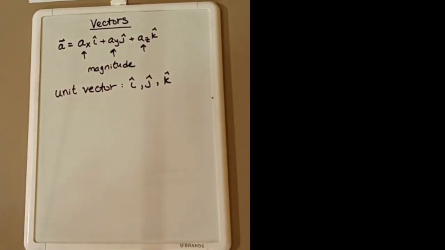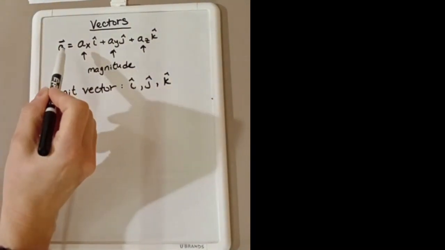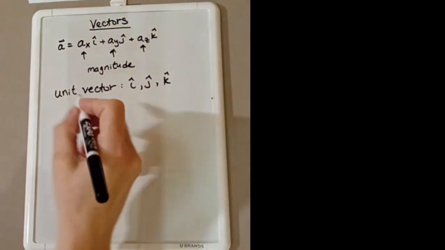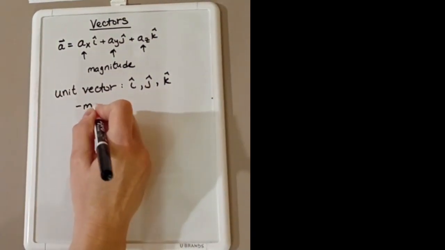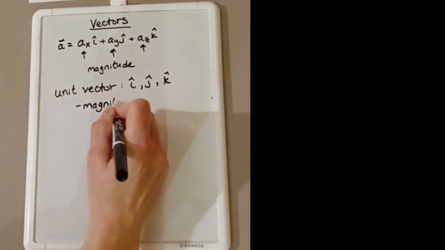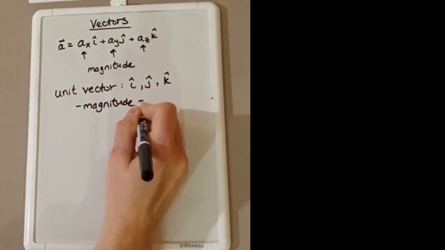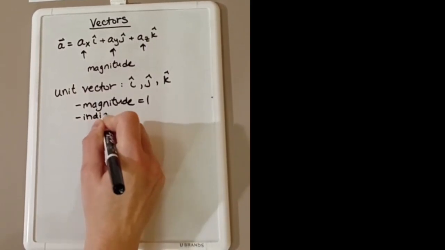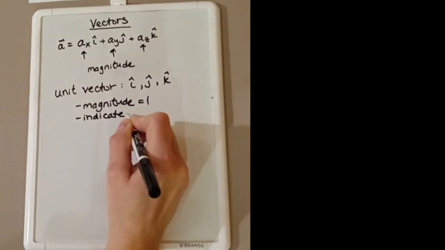And we're not going to use the arrows like we do in our normal vectors, because then that would indicate that they're a real vector. The hat specifically indicates that they are a unit vector. And that means that they have a magnitude of exactly 1. So they're not going to change the size of your vector at all. And they just indicate the direction that your component is in.